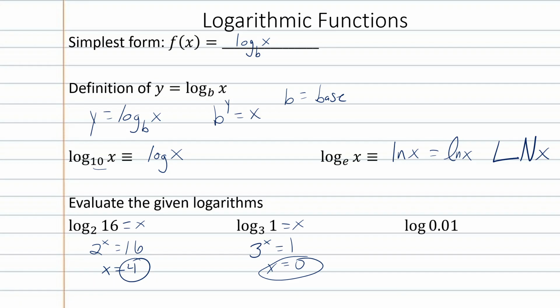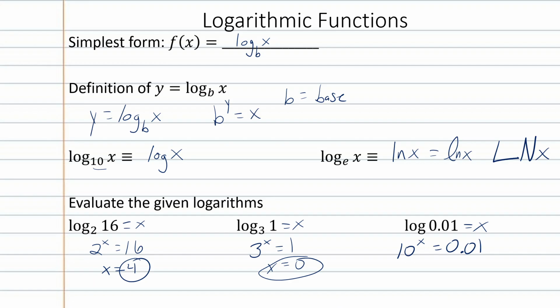All right, log of 0.01. Ooh, now this one is a little different, right? It doesn't have the base written out, so we assume that that base is 10. So 10 to what power equals 0.01? Well, how many decimal places are we looking at right here?